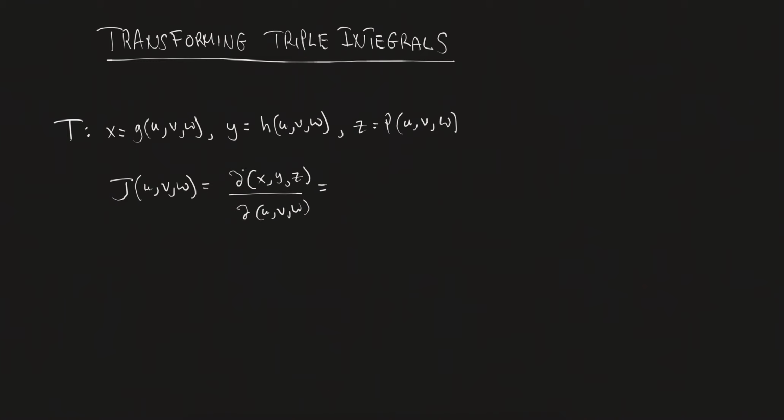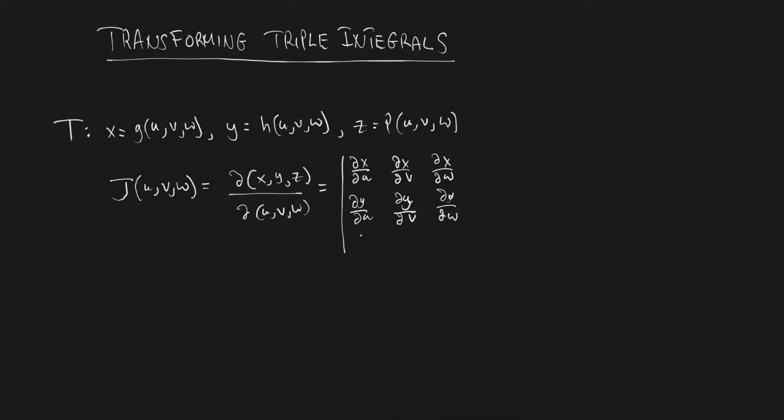But now it's going to be a 3x3 determinant. So let me set up what the determinant will look like. In the first row, you're going to have the partial derivative of x with respect to u, x with respect to v, and x with respect to w. And then we're going to repeat that process for y and z. So the second row is the partial derivative of y with respect to u, y with respect to v, and y with respect to w.